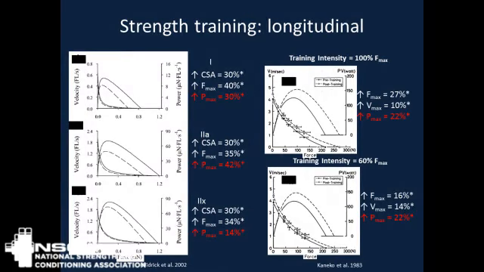Now, again, in terms of longitudinal work, this is from Widrick, and this is kind of interesting because they actually use single fibers. It's a fairly hard technique, but you can actually tease out single fibers, test them in a force transducer, and come up with the force, velocity, and power output, and then you can fiber type them. So they collected a number of type 1 fibers pre-post training and some type 2A fibers.